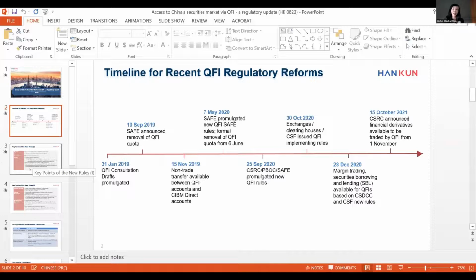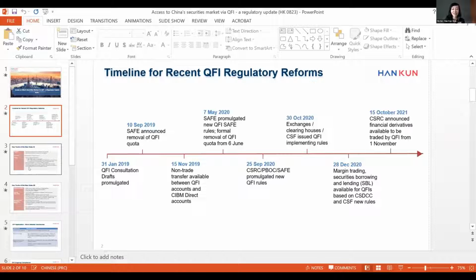But a fact that I would like to share here is that the purpose of most of the QFI reforms is to facilitate the foreign investors' QFI application and their investments under the QFI license. So from PRC regulators' perspective, they want to make the QFI program attractive again.